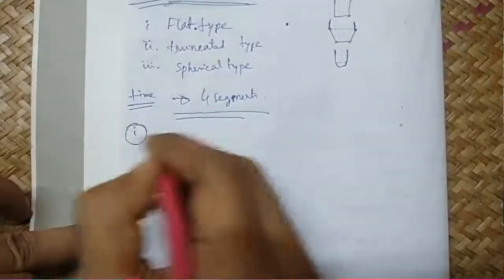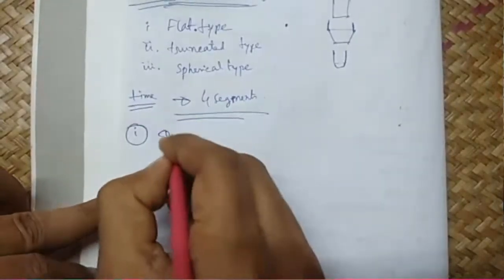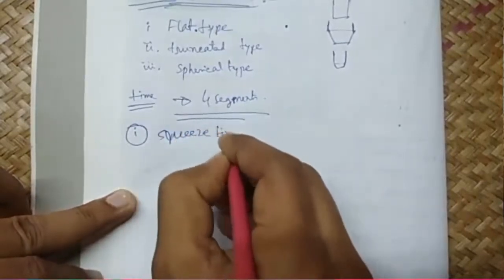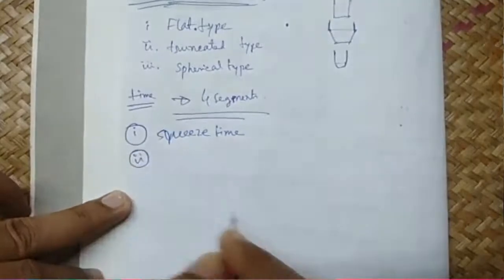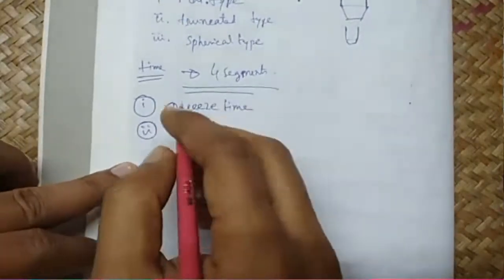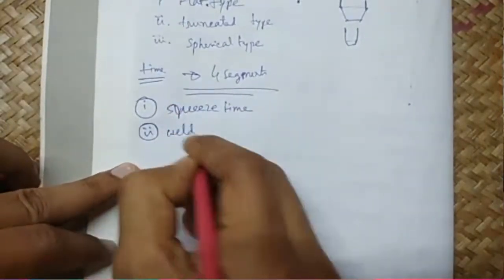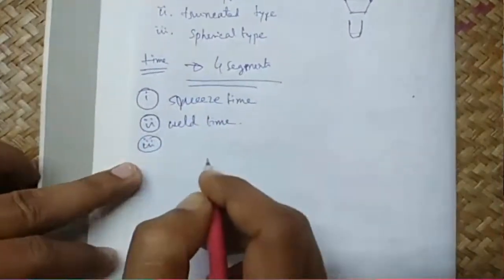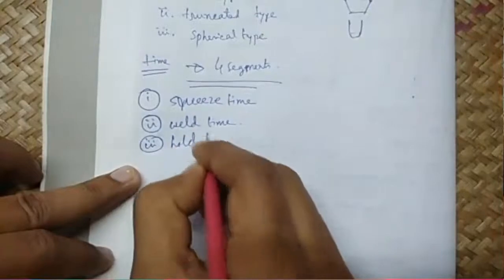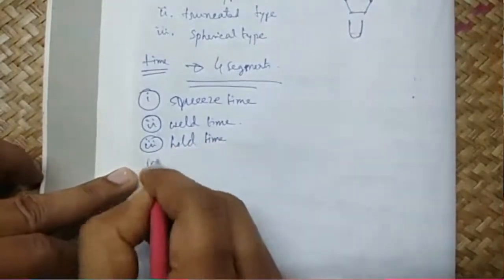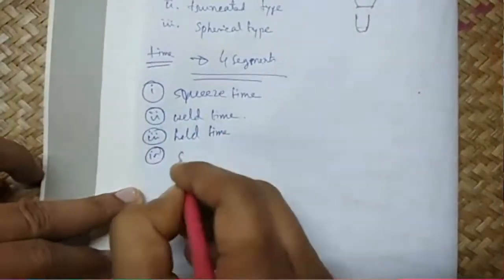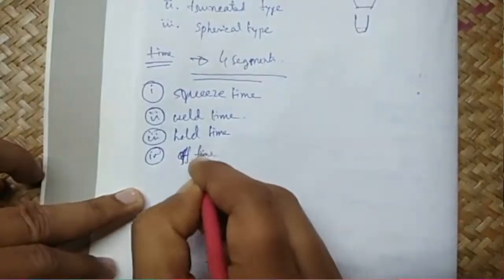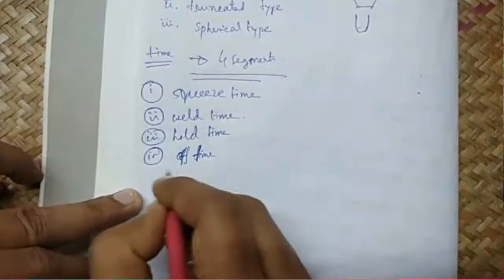The first one is called squeeze time. The second one is weld time. Third one is called hold time, and fourth is called off time.